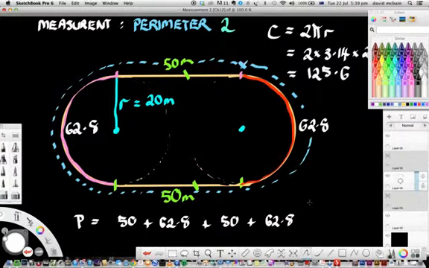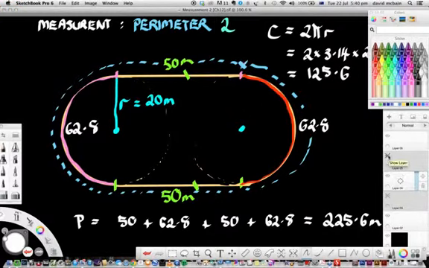And if we add those up, that will equal 225.6 meters. So that's the total perimeter around this shape.